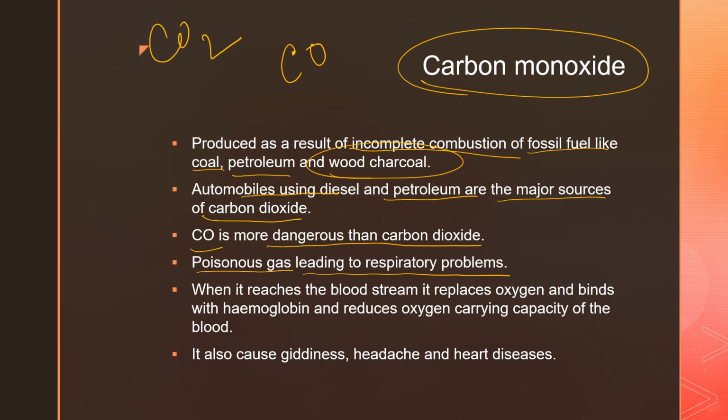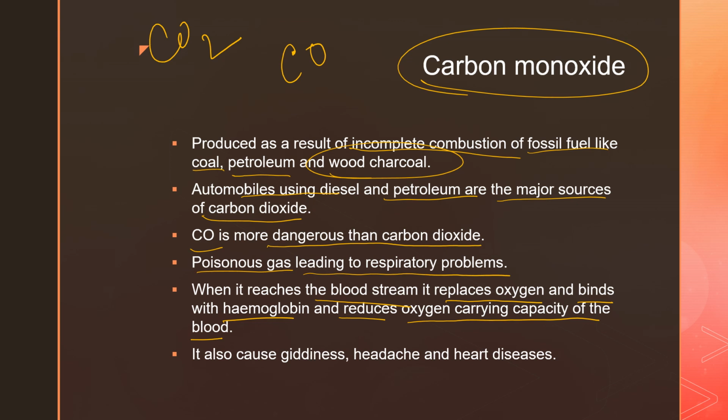Carbon monoxide has a great affinity towards hemoglobin. When it is in the bloodstream, it replaces oxygen and binds with hemoglobin and reduces the oxygen carrying capacity of the blood. So carbon monoxide combines with the hemoglobin and replaces the oxygen. In the bloodstream, more carbon monoxide is there and the blood becomes poisoned due to the presence of carbon monoxide in excess.